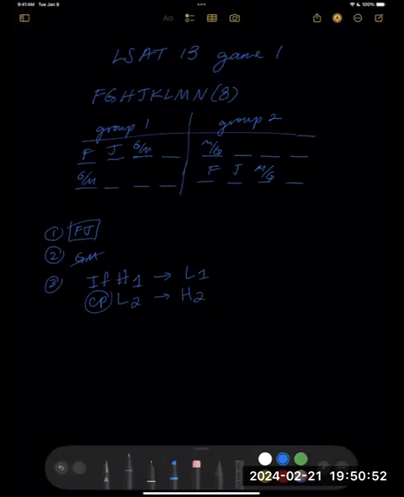With rule 1, F and J are always in group 1 together or group 2 together. But with rule 3, H and L have a different relationship to each other compared to F and J. So if I wanted to describe the FJ relationship, it would be biconditional.